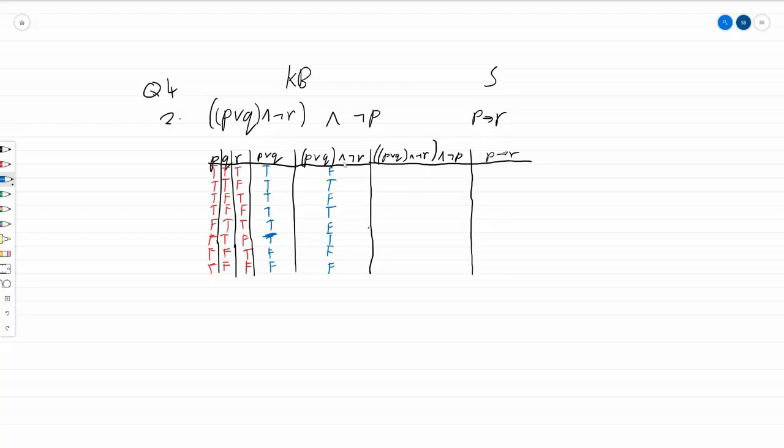Cool. Then we have P or Q and not R, so that's all good, and not P. So that's our one here, so we're just building on that, just adding in the and not P. So basically again we're looking here for true and false, because we're doing not P. So where it's true and false, so true, true and true, true and false. Here's the one case where that is true. True and false. True and false there.